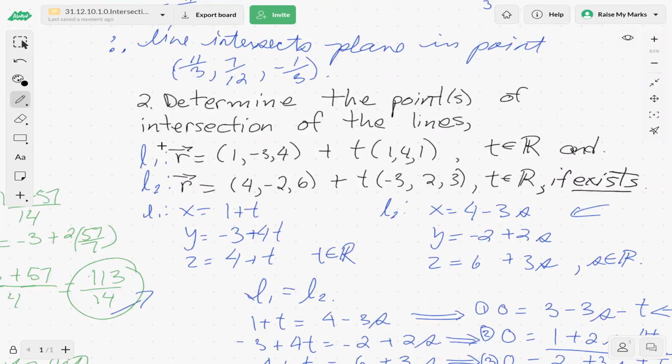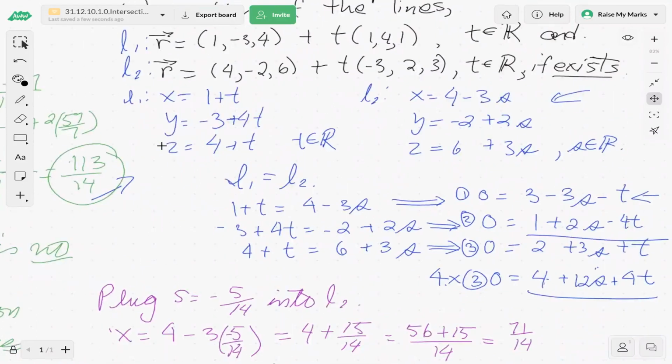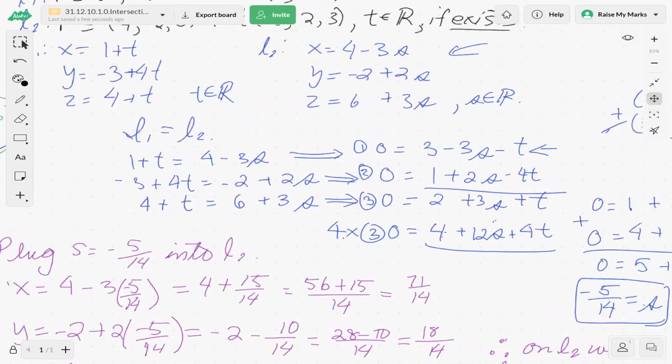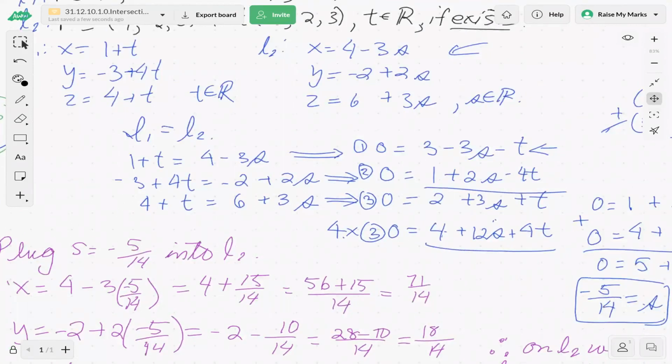The first thing we did was rewrite line 1 and line 2 in parametric form. Then we equated the x, y, and z coordinates together. That gave us 3 equations and 2 unknowns, the two parameters s and t. From here, we want to try and solve for s and t.